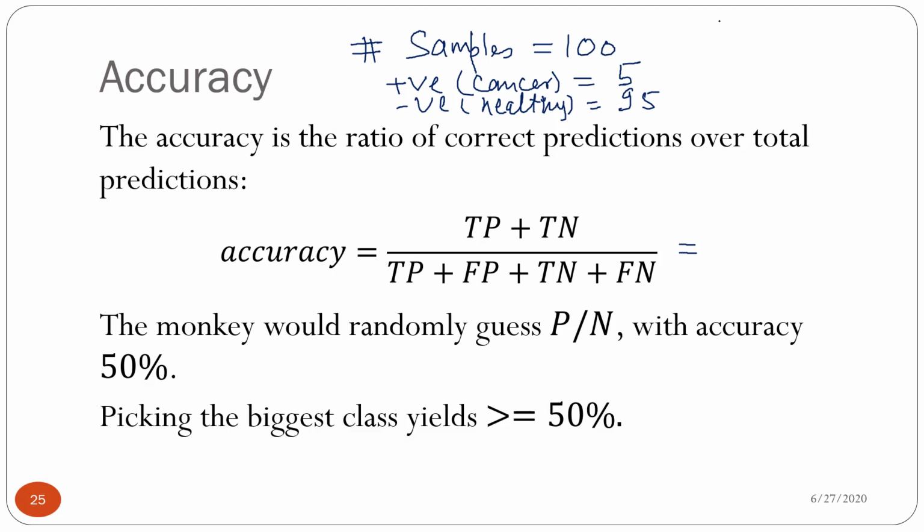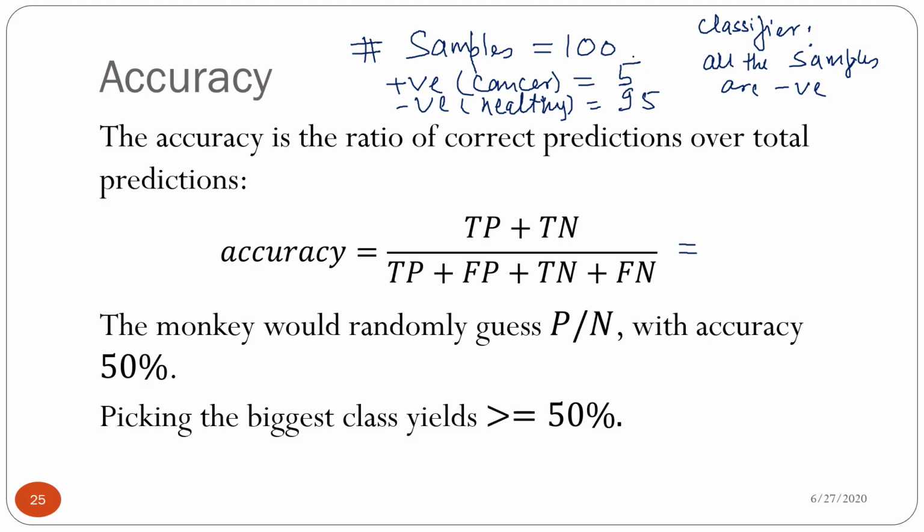Alright, so my classifier has a rule, and the rule is very simple, and it says that all the samples are negative.